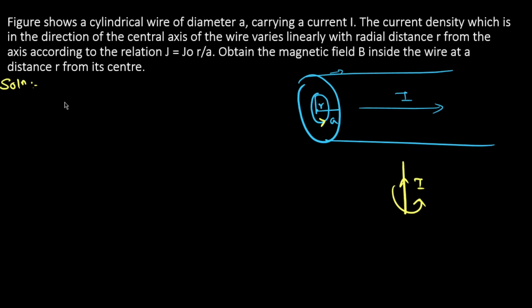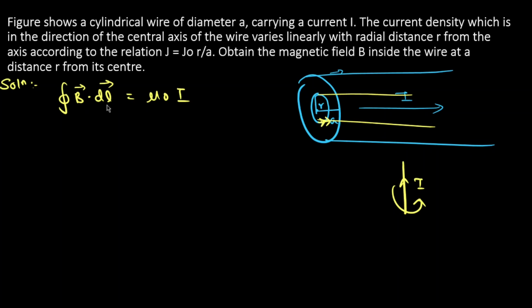From Ampere's law, we know that the closed integral of B dot dl, where dl is the length vector along the magnetic field if we break this loop into small length sections, is equal to mu naught I. I is the current flowing through this section of the wire of radius r.